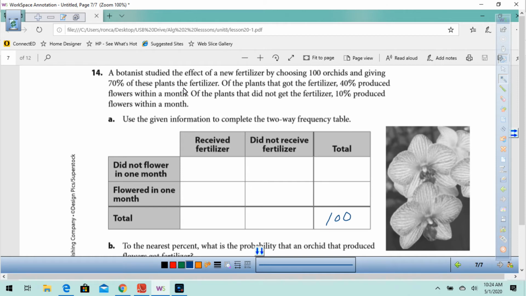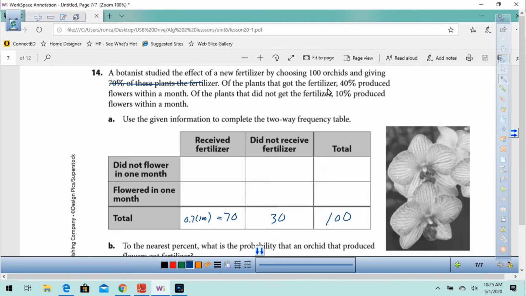Giving 70% of the plants the fertilizer. So we're going to have 0.7 times 100, and that's going to equal 70. All right, so if that's 70, then this must be 30, okay? 70 plus 30 is 100. All right, so we got that.